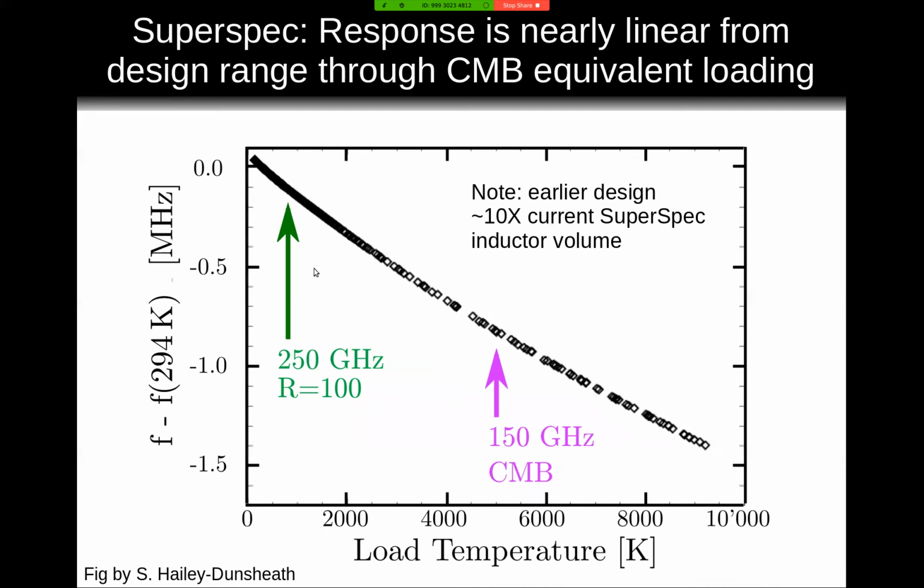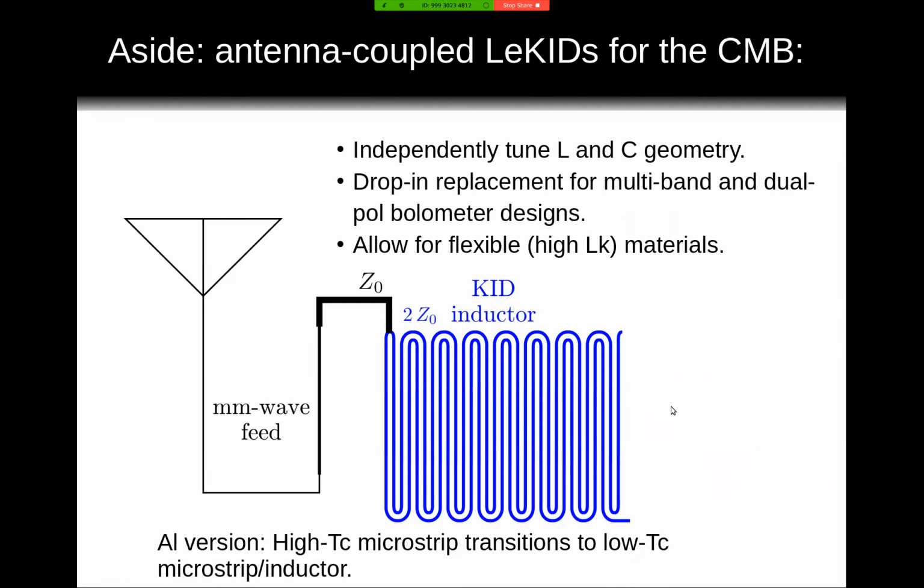What I find amazing about this is the linearity of it. There's a little bit of curvature, but basically this device is linear over factors of 100 in power, which suggests you can make a CMB detector out of it.